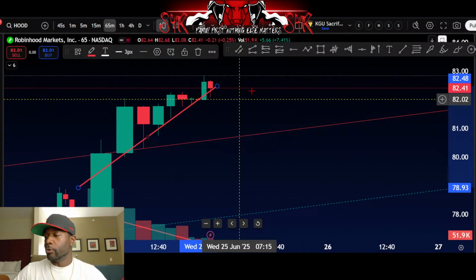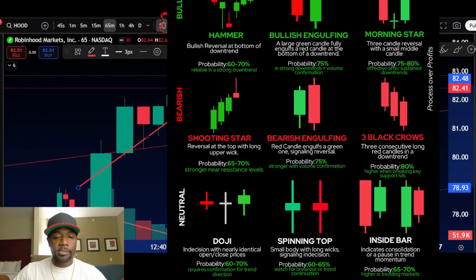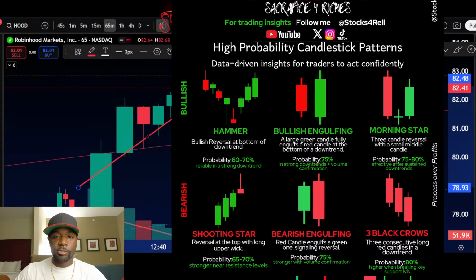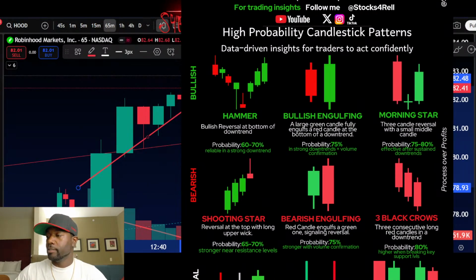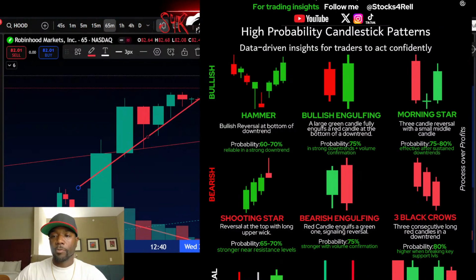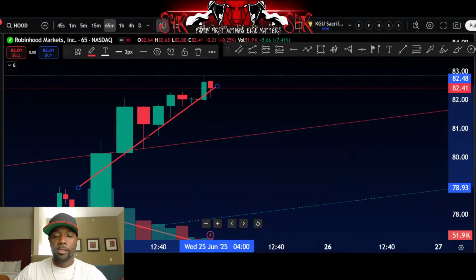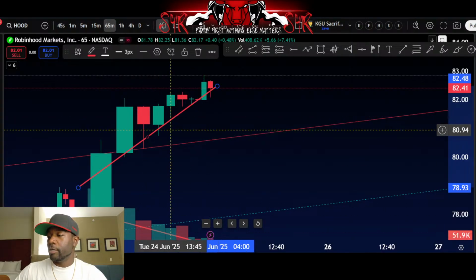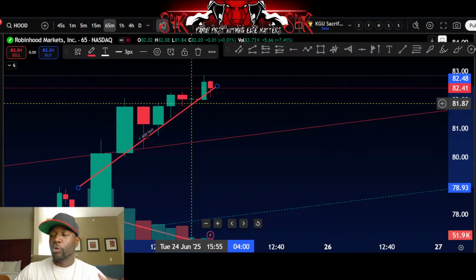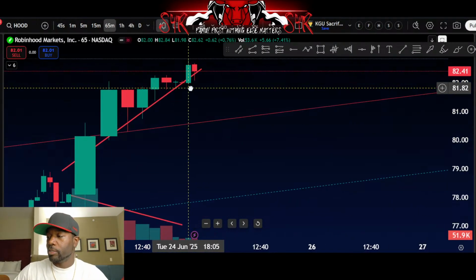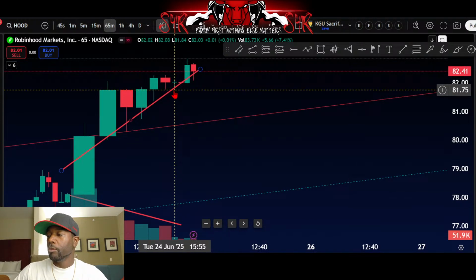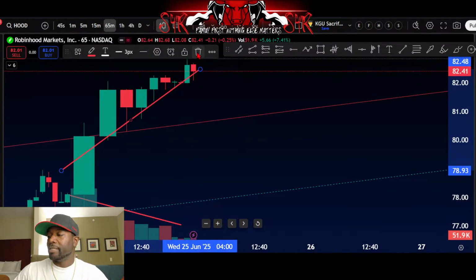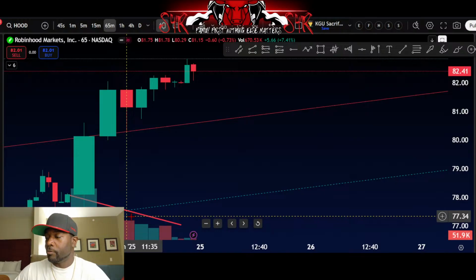So you're looking for these candlesticks that I showed you, something like this for a potential pullback. It might not happen right away. It could pump a little bit more, but as long as volume is dying off, it's showing you that buyers are losing steam. Or price is just not of interest up here right now.